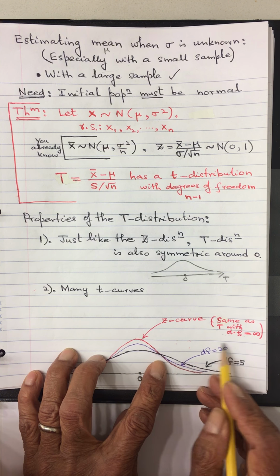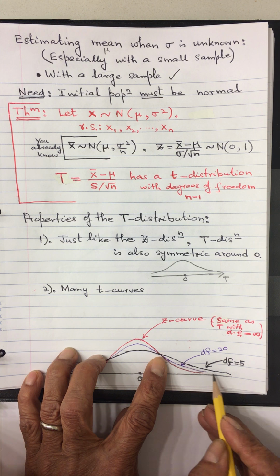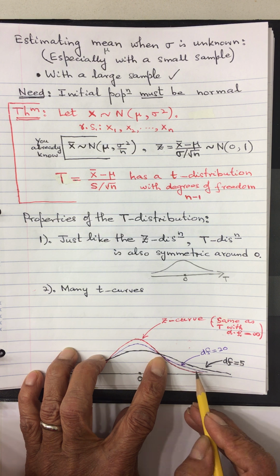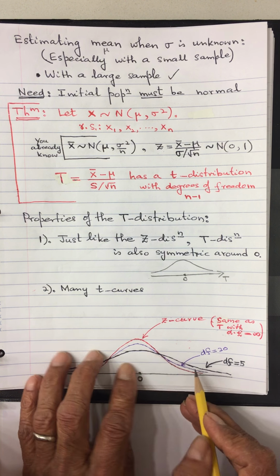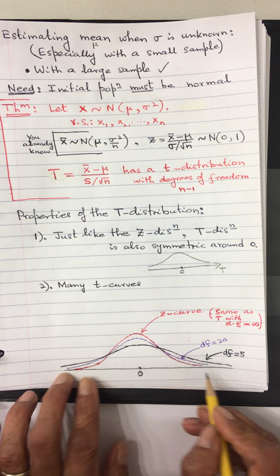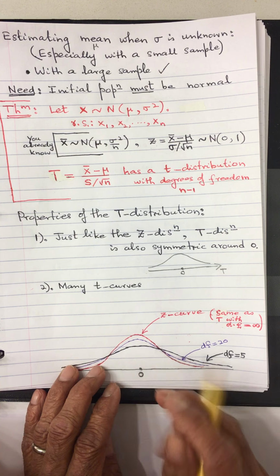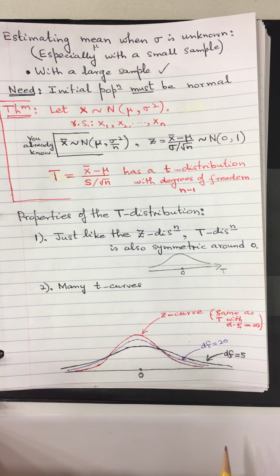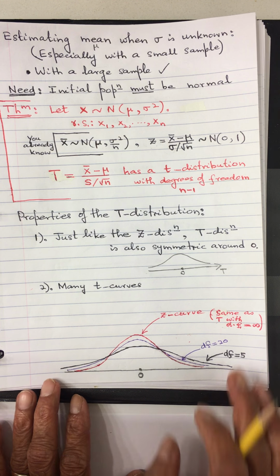That degrees of freedom 20 curve goes below the black curve in the tails. Remember it is symmetric around 0, so it is below on both sides. In the middle it has to go higher, because the total area underneath the curve has to be 1.